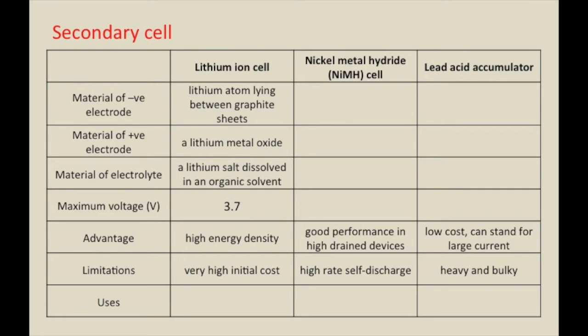You don't need to memorize. Okay, they have a maximum voltage of 3.7 volt. Okay, so the material for the positive electrode is a lithium metal oxide, and the material for the electrolyte is a lithium salt dissolved in an organic solvent. So once again, what is the chemical formula for the lithium salt and what is the formula for the organic solvent? We don't know. Okay.